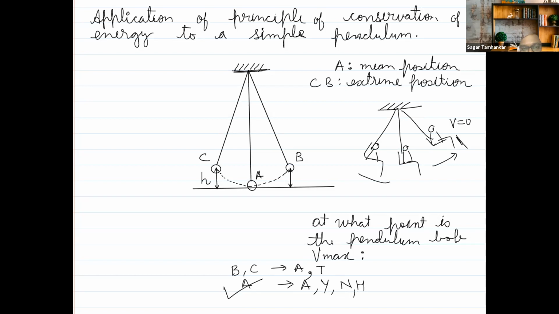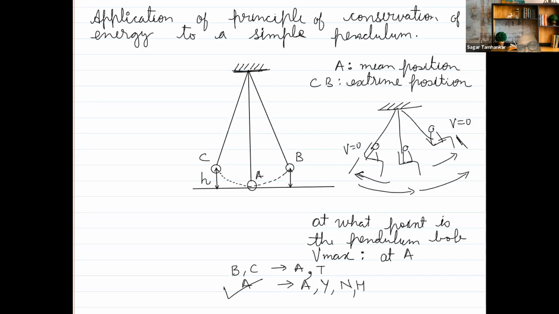And on the other side, again, you can't go any further than that. That means your velocity is zero. Also, if you recollect from your previous experience on a swing, you are at your fastest over here. And because of that, you could go ahead. So the velocity is maximum at A, which is the mean position.